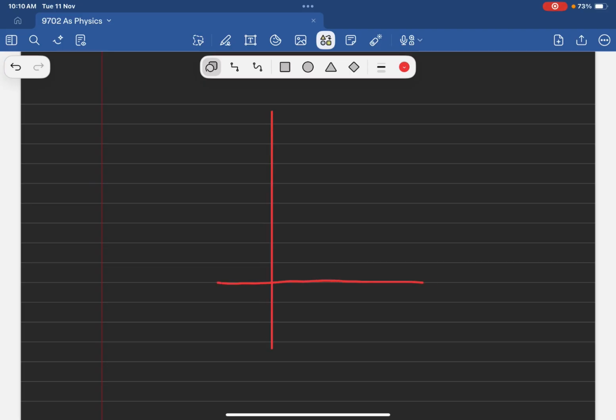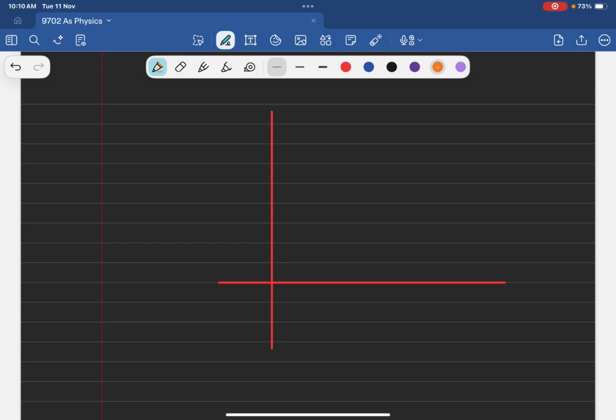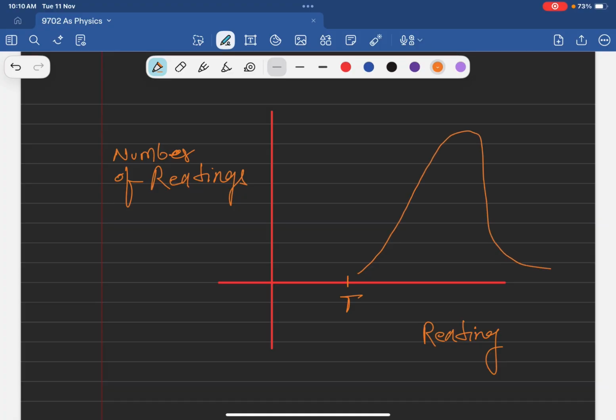We have the x and y axes, with readings on the x-axis and number of readings on the y-axis. Now the true value is somewhere here, let's say, and the graph I am about to draw is like this.